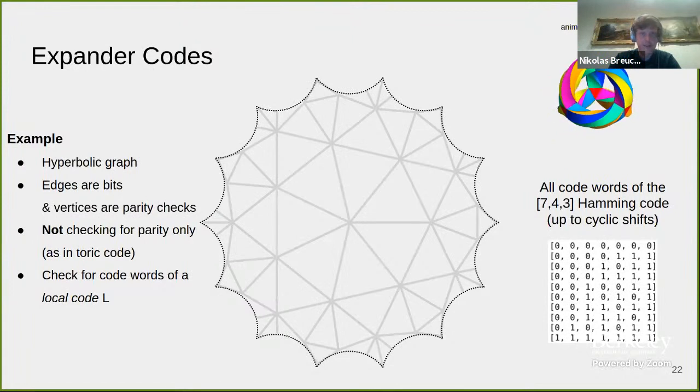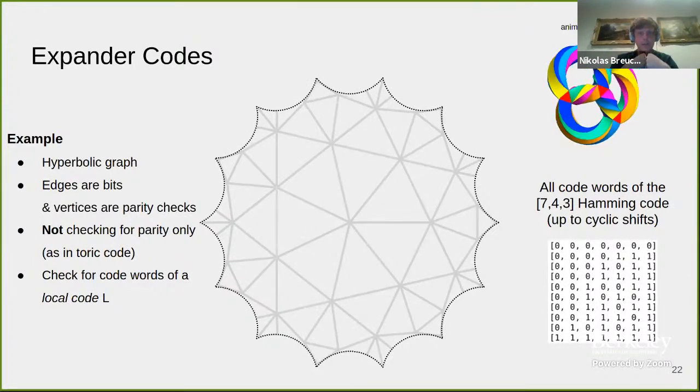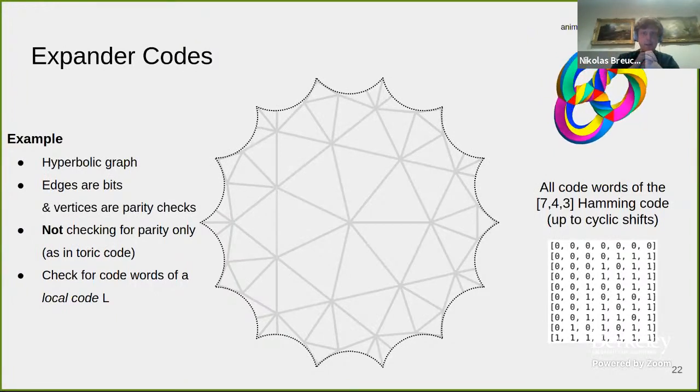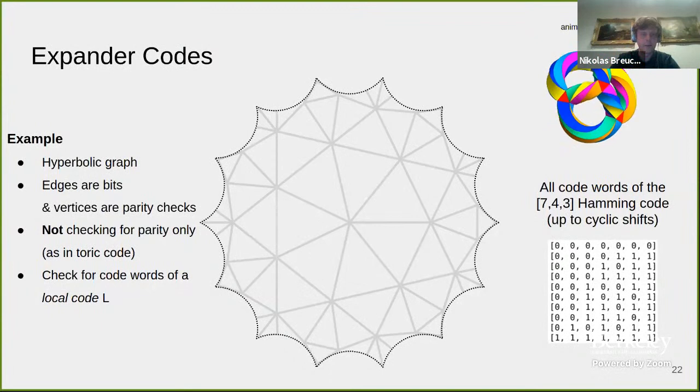The example that I'm showing you is essentially a graph which is embedded on a surface of genus 3. So you can kind of see it rotating in the upper right-hand corner. And the surface is tessellated by triangles, giving rise to this degree 7 graph. And I want to define a classical code on this, but I will do it differently from what people in the quantum community might think.